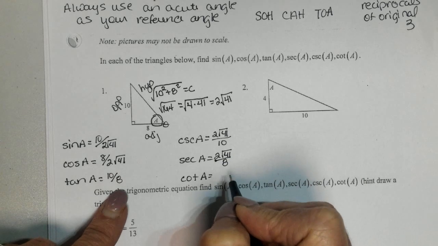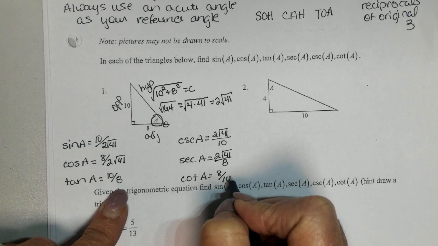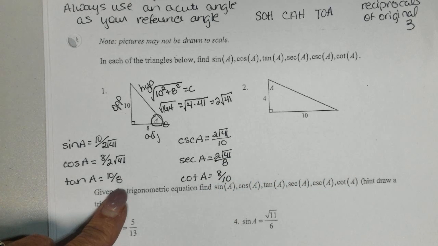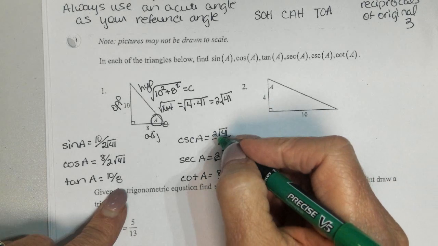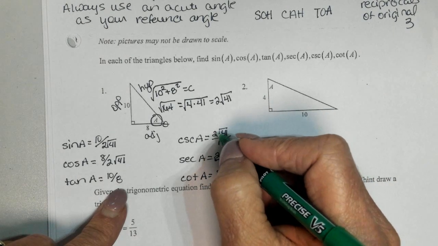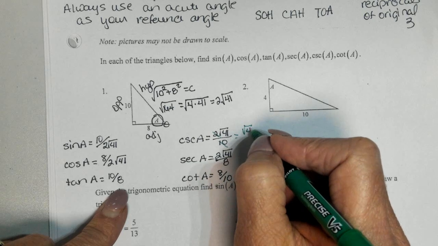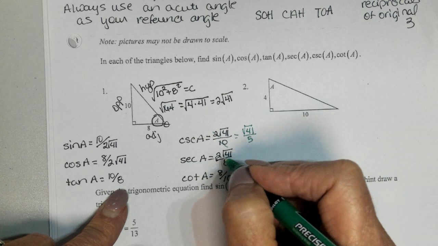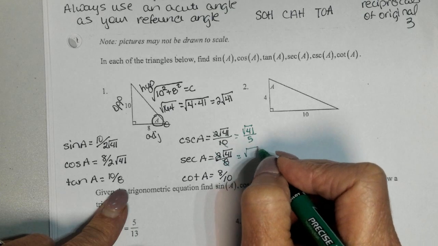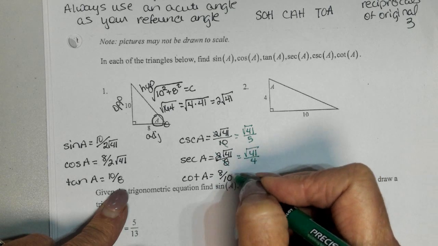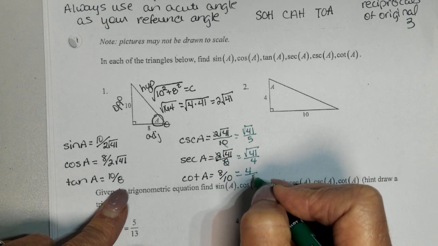And our cotangent is 8 over 10. Now, I'm going to simplify these right away. We just reduce down, take out the common factor of 2, and we have root 41 over 5. We have root 41 over 4, and we have 4/5.